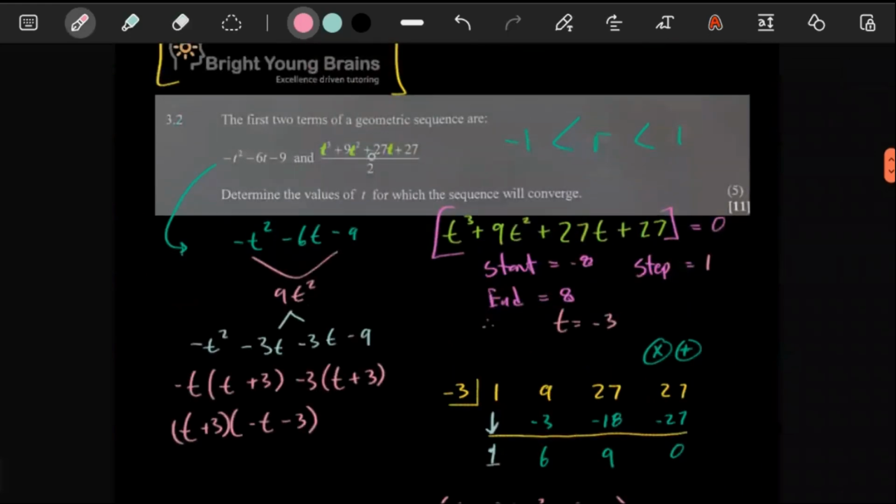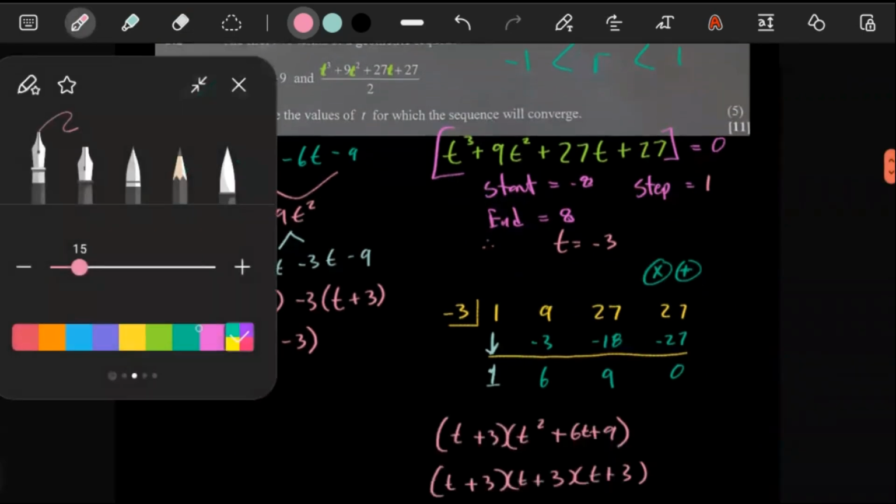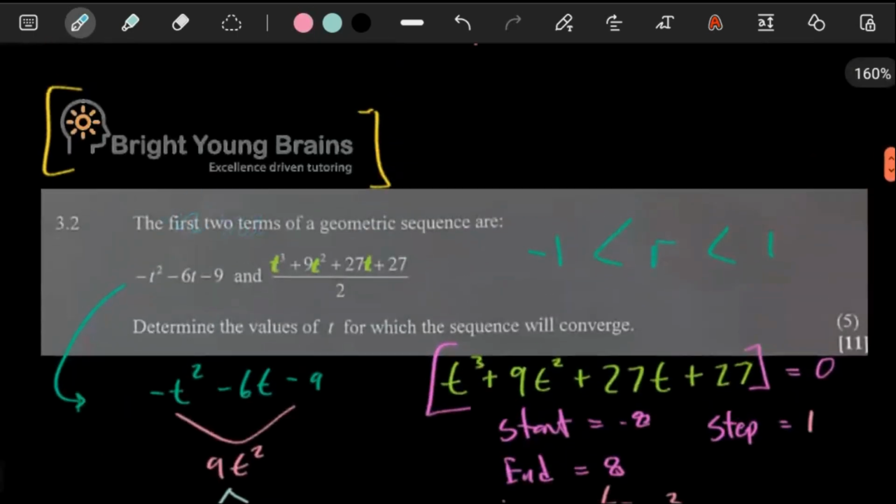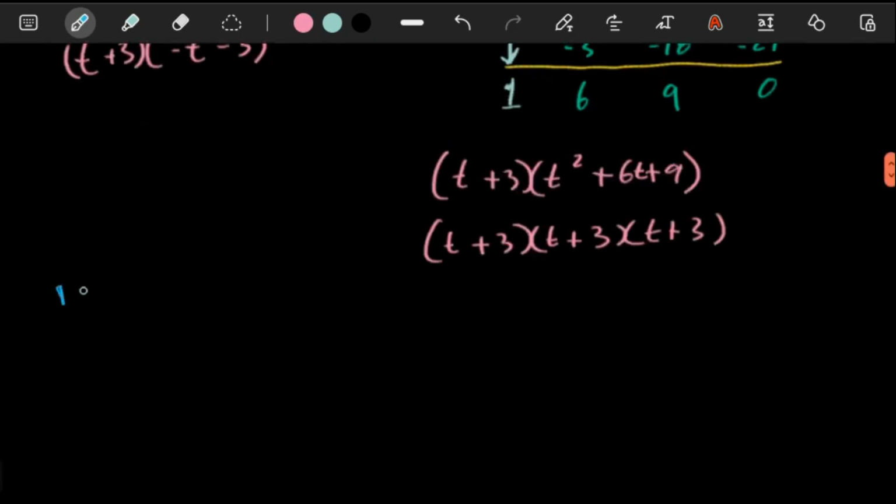So as long as this is factorized and as long as this is factorized, this question is going to be easier, because: determine the values of t for which the sequence will converge. If your sequence is going to converge, you need a value of r. Now this is t1 and this is t2. Remember, r is equal to t2 over t1.